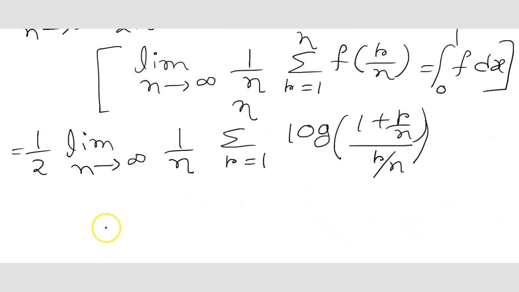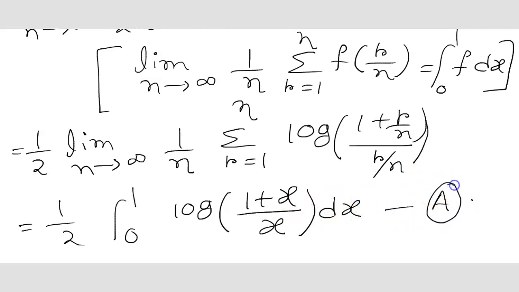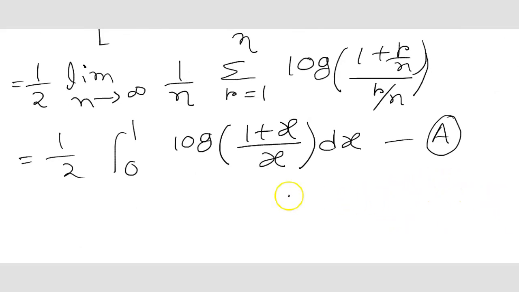Now, as per the definition, we have to simply integrate this function and substitute r by n as x. So we have to integrate this function, right? Now there is a challenge, as people may say, to integrate the log function, and it's quite difficult because we have to apply integration by parts.